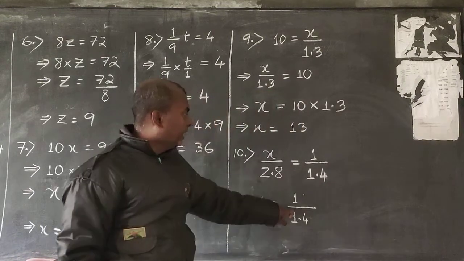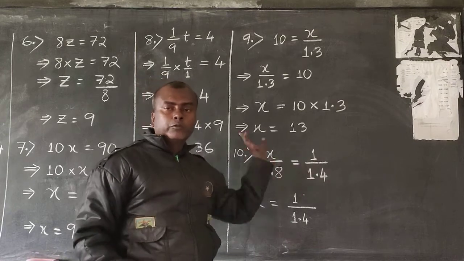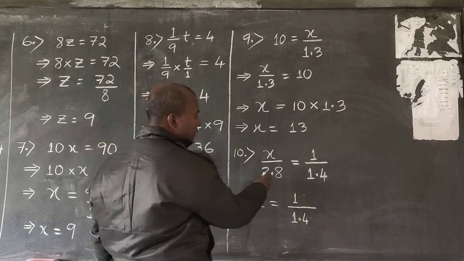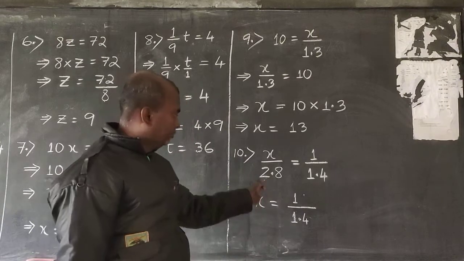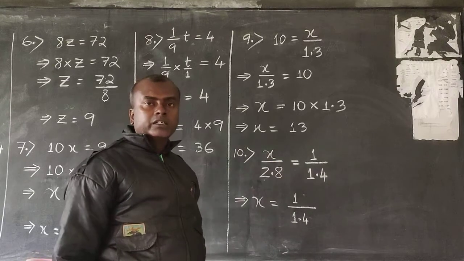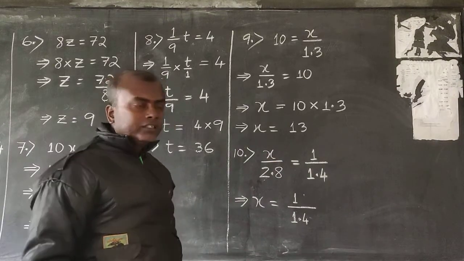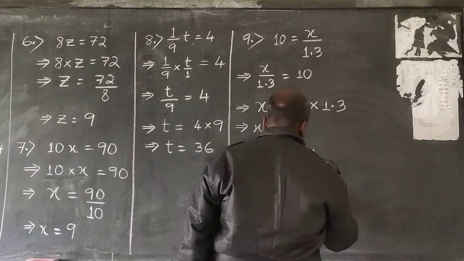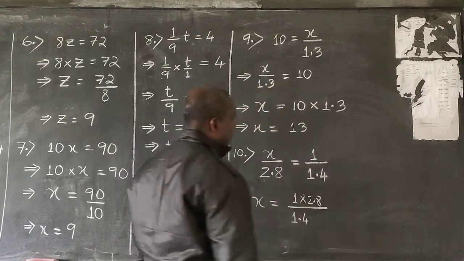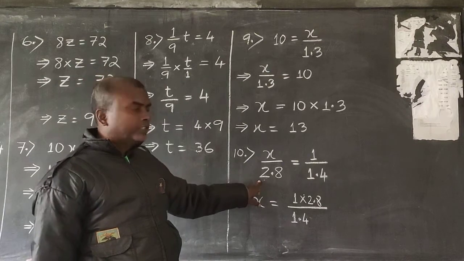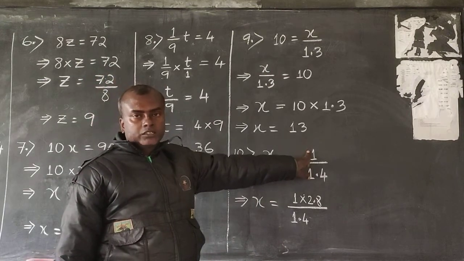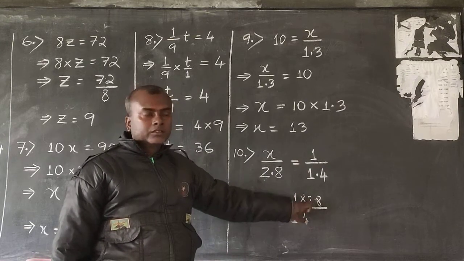But you already have 1 divided by 1.4 on the right hand side. So where will you place this 2.8? We know that 2.8 will go on the other side, and we know it will go in the numerator. So let us place it in the numerator only. So x will go in the numerator. See, from denominator on the left hand side, it crossed over on the other side and went to the numerator.